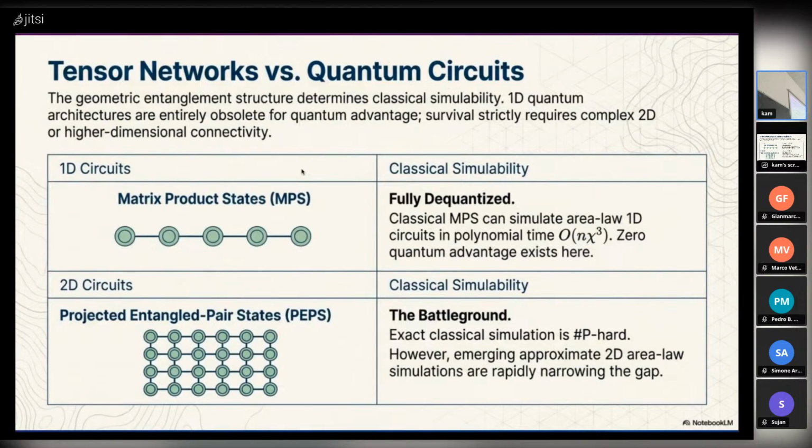It's not exact simulation, it's approximate simulation, and this kind of approximate simulation is rapidly narrowing the gap. So it's a competition. If you have no theoretical proof, you never know, maybe in a few years, you'll be dequantized.